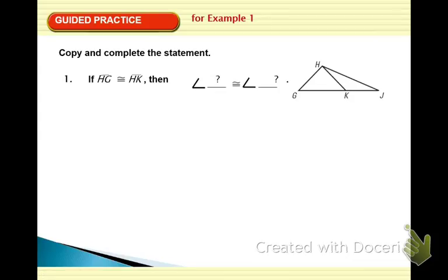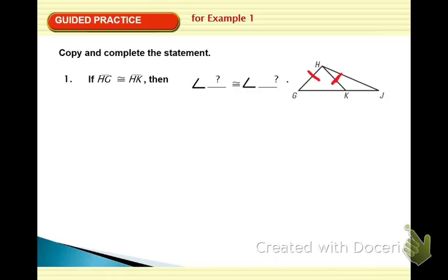Copy and complete each statement. If HG is congruent to HK, then which two angles would be congruent, according to the rule we just defined? Gunnar, which two angles would be congruent if HG is congruent to HK? Angle G, angle K. Yes, because we've got the opposite sides, so those are the opposite angles.